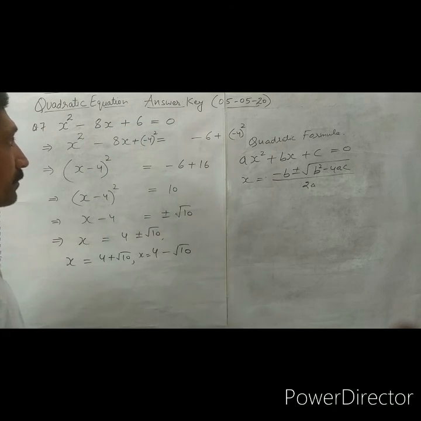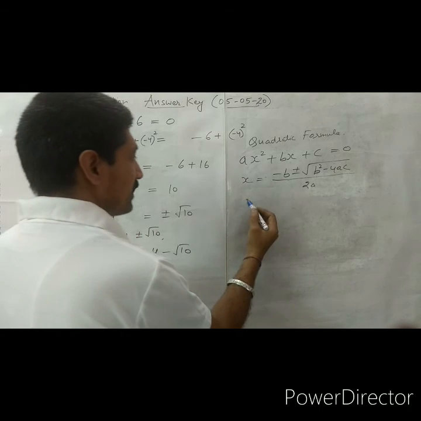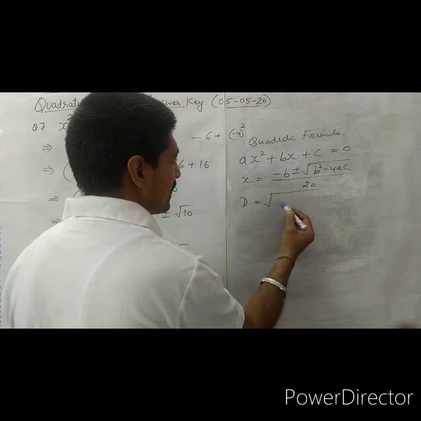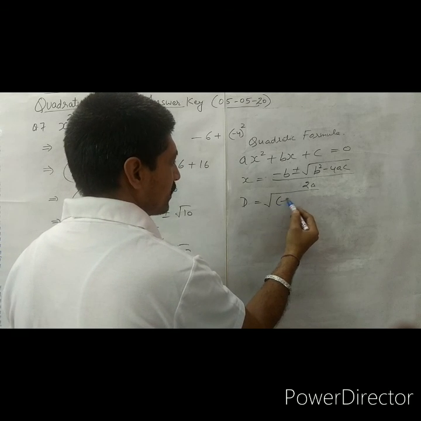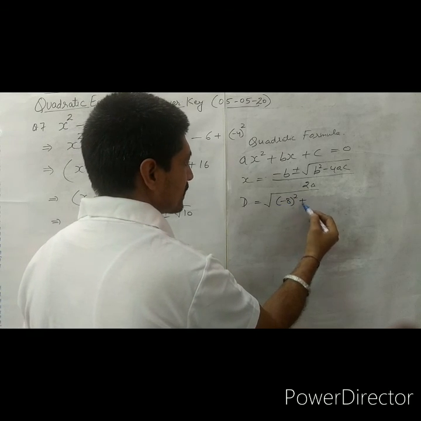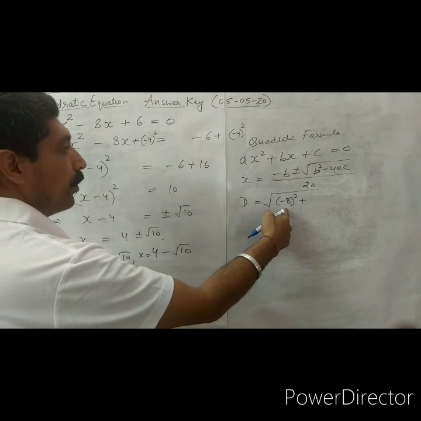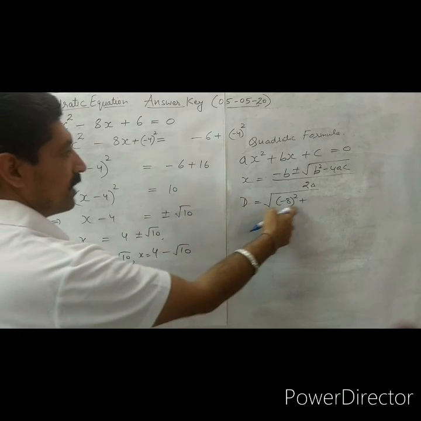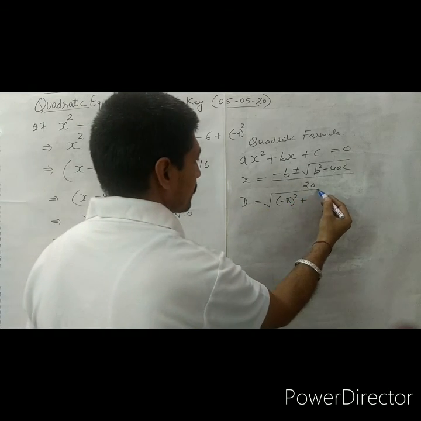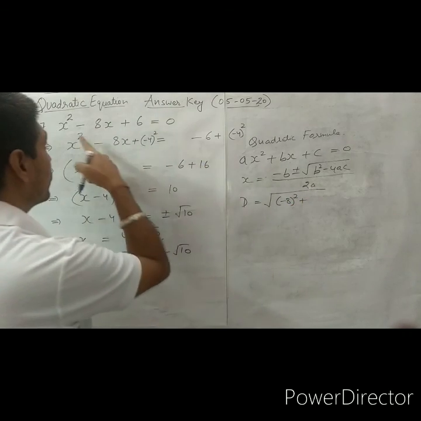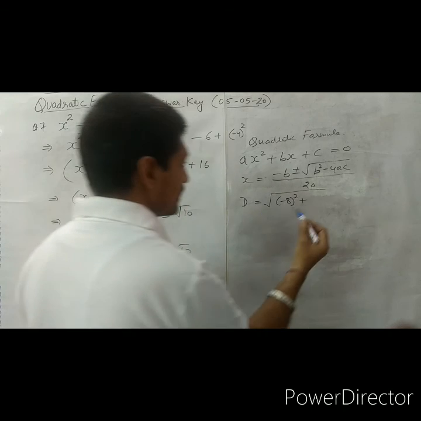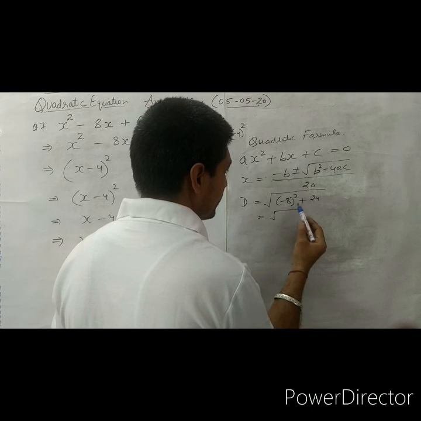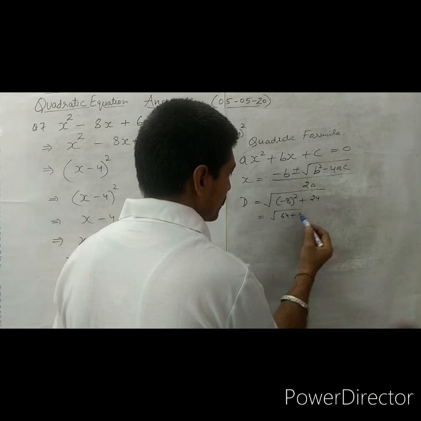So the discriminant is b square minus 4ac, which is minus 8 whole square minus 4 into 6, which is 24. So D is 64 minus 24.